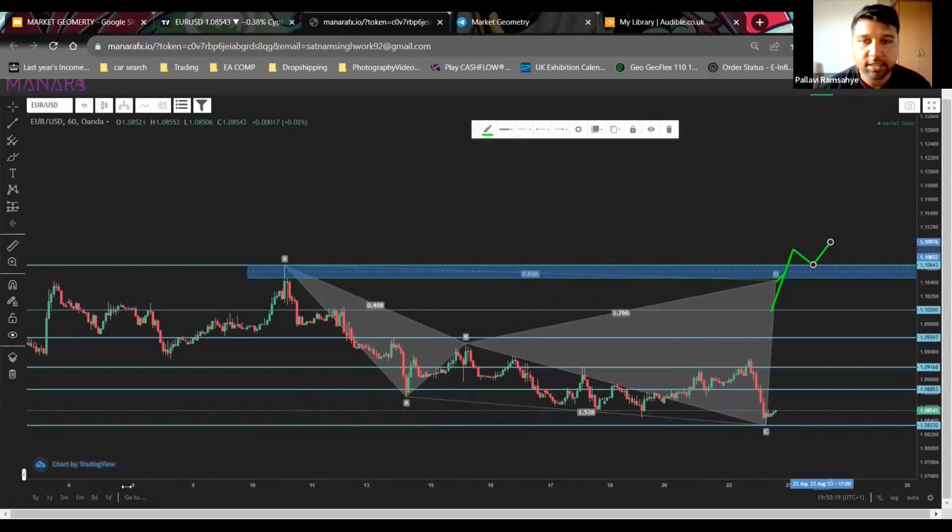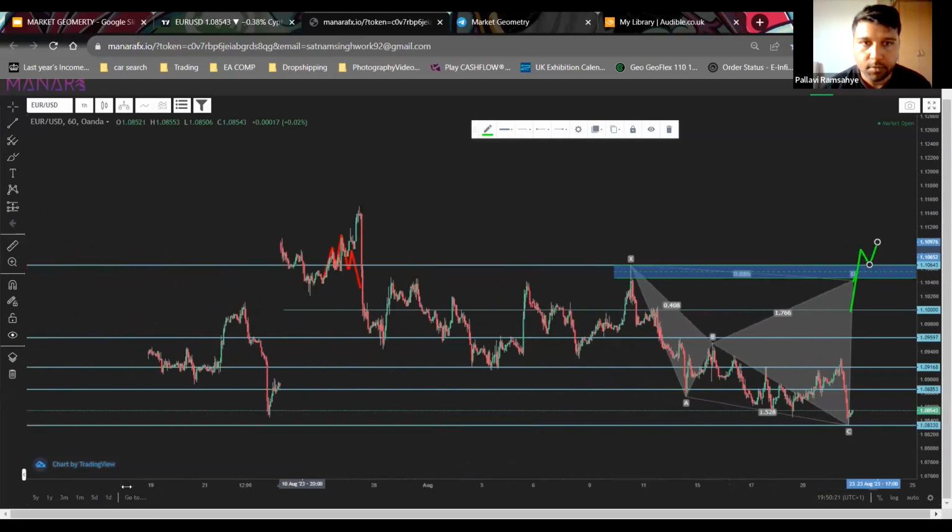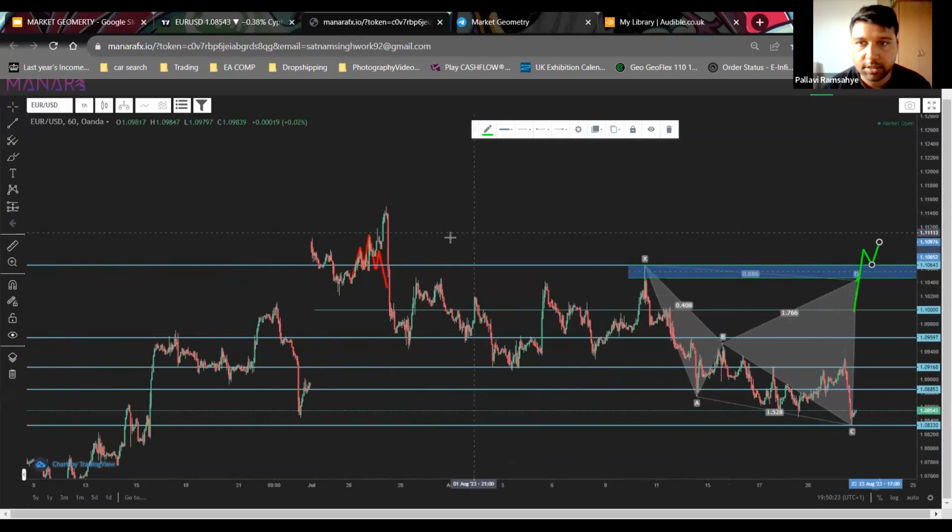What is one of the reasons it would do that? Again, coming back to previous price action, this wick only filled out, or this zone here filled out this imbalance, but then we also have this imbalance here that needs filling out. So price could potentially break out from here to fill out this imbalance.